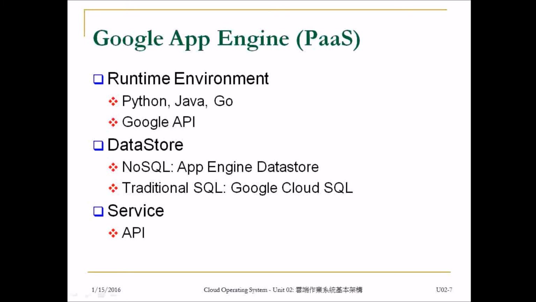There are two types for you to connect to the data store. The first is NoSQL, or we say non-SQL. The non-SQL type is the most used in the Google App Engine data store. It's a raw type connection database.